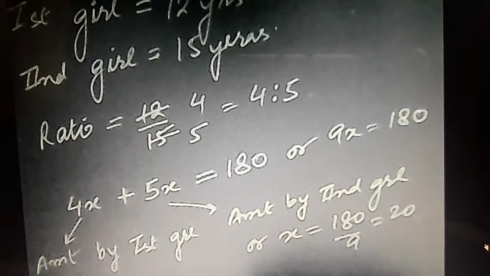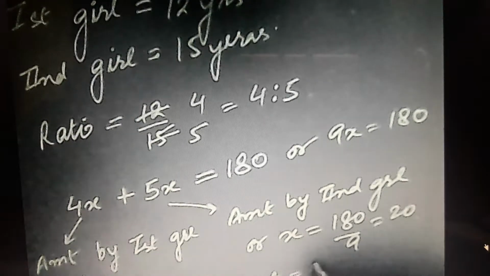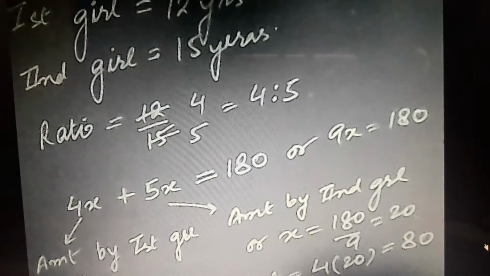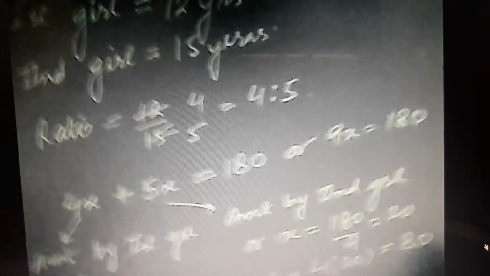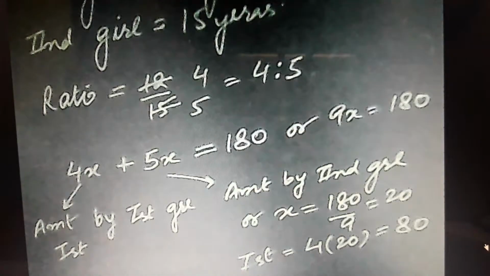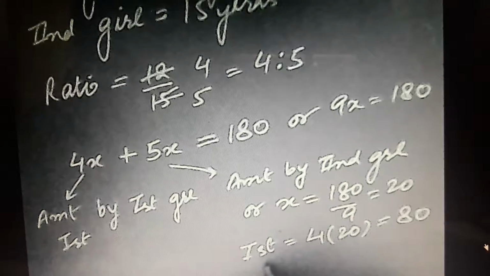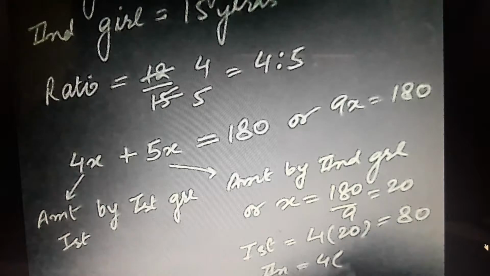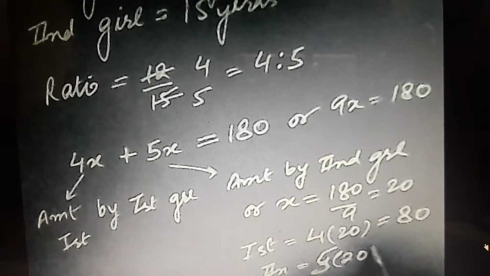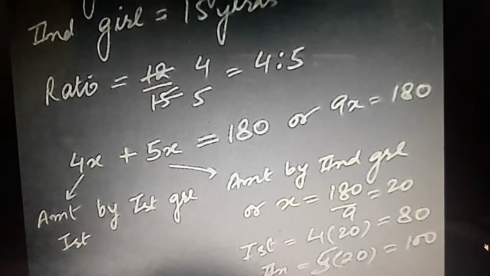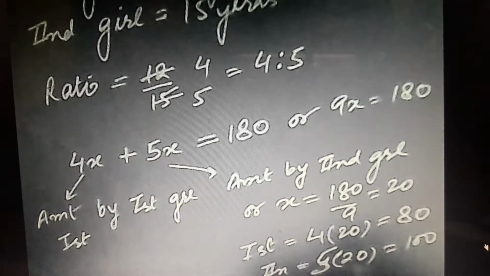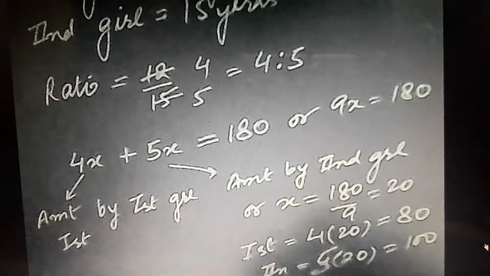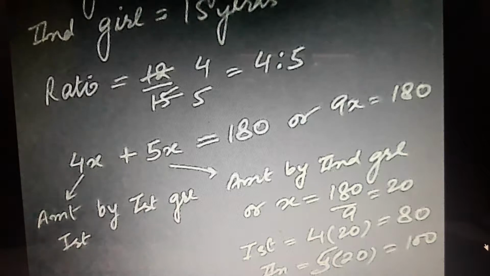So the amount received by the first girl is 4 into 20, that is 80, and the amount received by the second girl is 5 into 20, and this is 100. So the second girl will get rupees 100 and the first girl will get rupees 80, and if you sum both of them you will get 180.